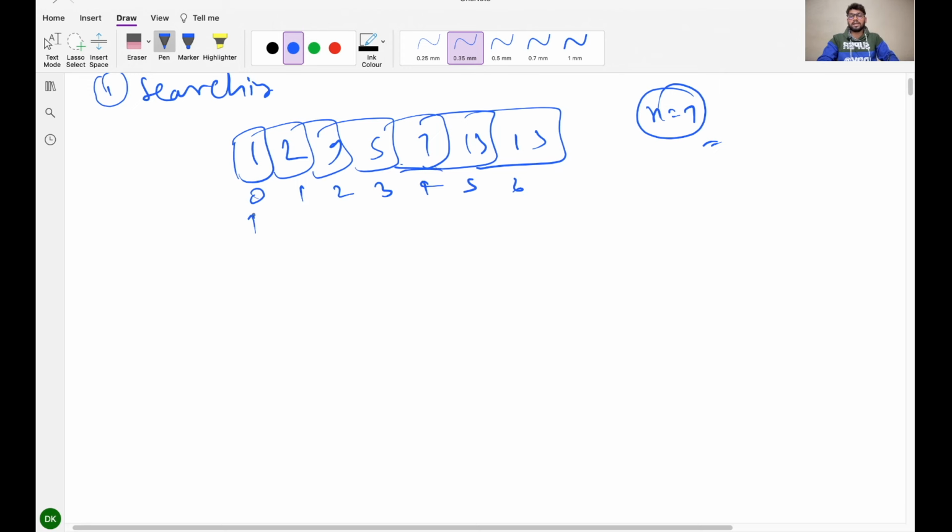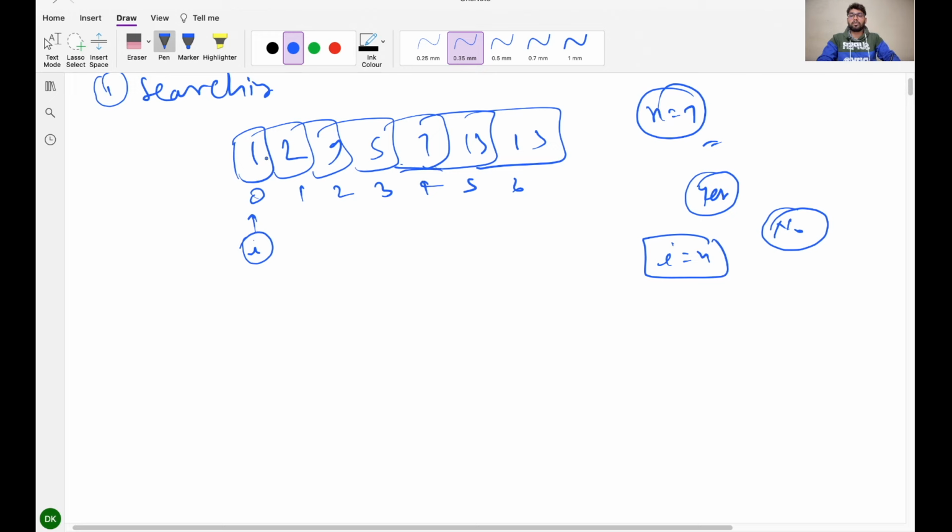I just initialize a pointer at index 0 and iterate through this array and check if this element is my required element or not. And if it is, then I just print yes. And if after traversing this array my iterator becomes equal to n and I am not able to find the particular element, I just print no.